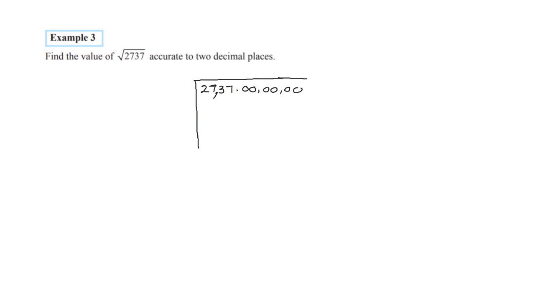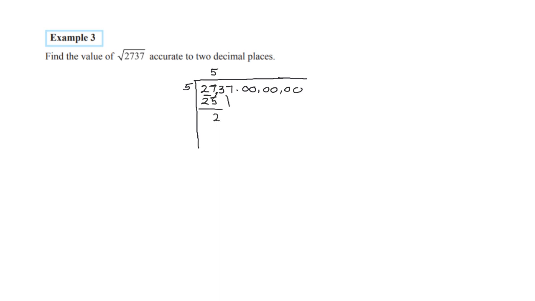Okay, now look at the first pair of numbers, 27. Which is the most closest square number to 27? That is 5. So, 5 times 5 makes 25. So, remainder is 2.